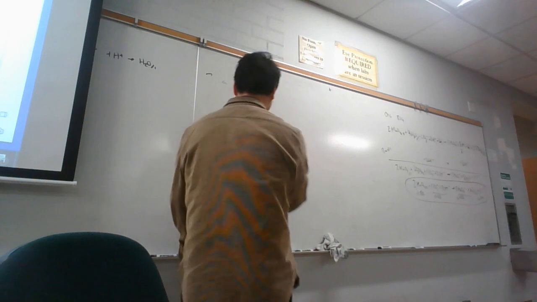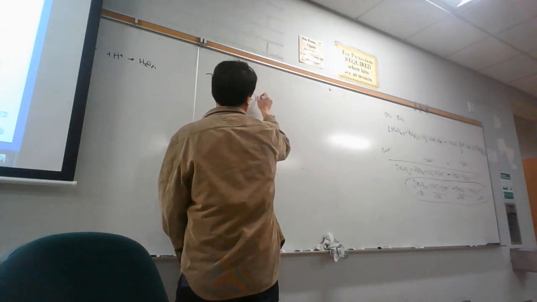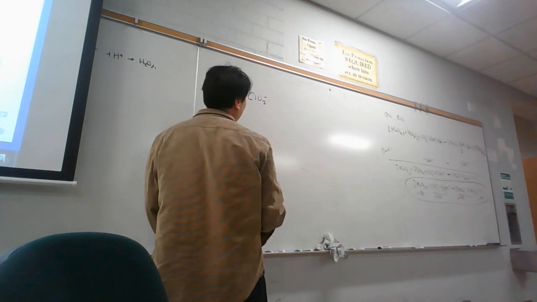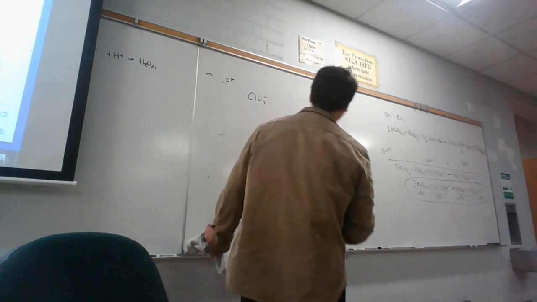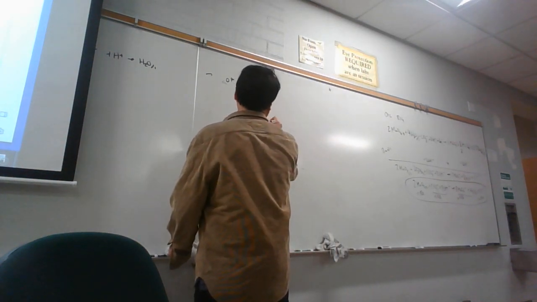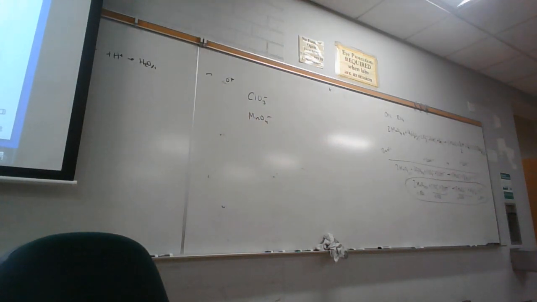Oops, I didn't want to erase this, but I did. So what that means is that chlorate is a more powerful oxidizer than permanganate. So here's permanganate. That means chlorate is up here. That kind of makes sense. Iodate's here, and chlorine's going to be more powerful.